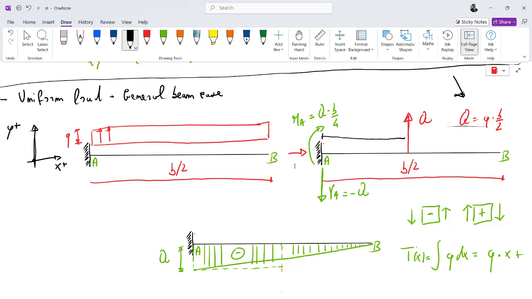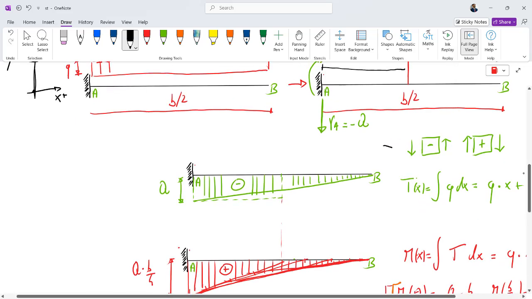So VA is equal to minus Q. Here we have a simple representation of a convention to represent the shear force diagram.